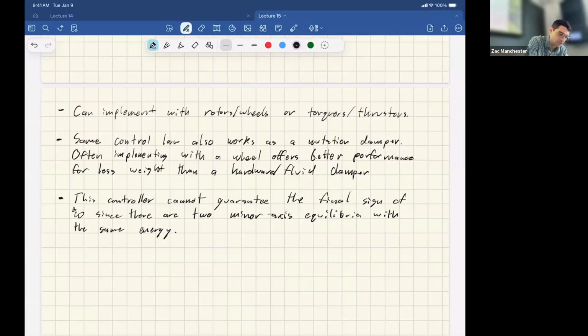And then these A's are the individual wheel spin axis unit vectors. So this maps individual wheel momentum scalars into total angular momentum rho for the whole satellite. Sure.